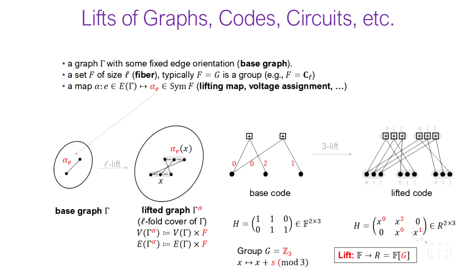A group algebra is just like polynomials, but instead of the variable, we have group elements, and multiplication is exactly the same as in the group. Of course, we can also replace all these ring elements by binary submatrices, and in this way we get this large, in this case 3 times larger, parity check matrix.